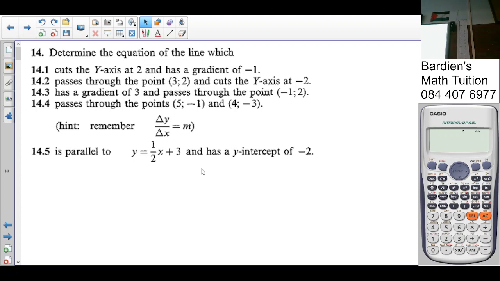So wait a second. Out of this exercise, we've done number 1. We have done all of number 2. Number 3 we have done. Number 4. Number 5 we haven't done yet, or have we done number 5? Supposed to, but I didn't give you this to do.